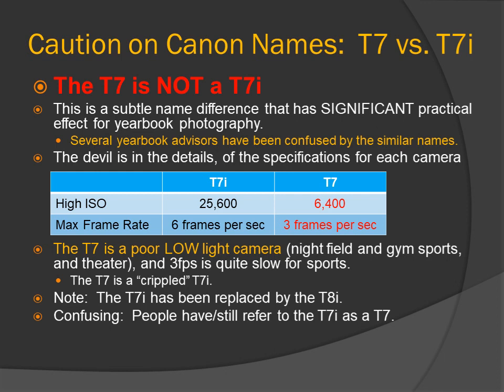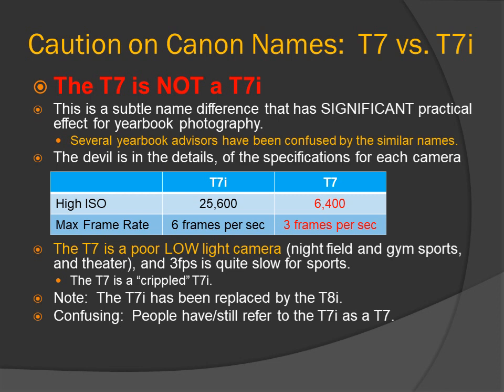Caution on Canon names, T7 versus T7i. The T7 is not a T7i. This is a subtle name difference that has significant practical effects for the yearbook photographers. Several yearbook advisors have been confused by the similar names.